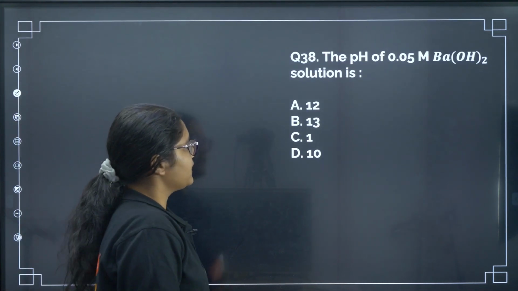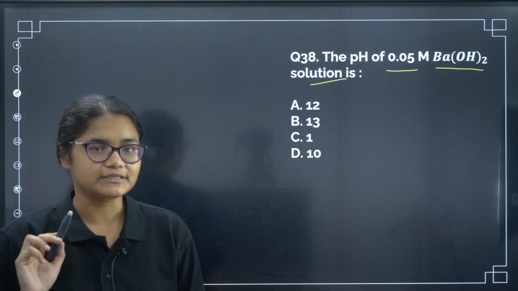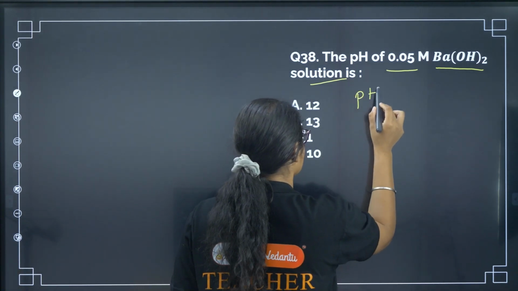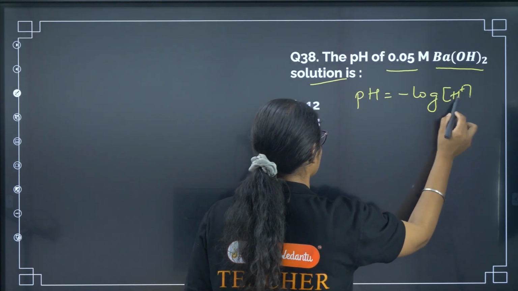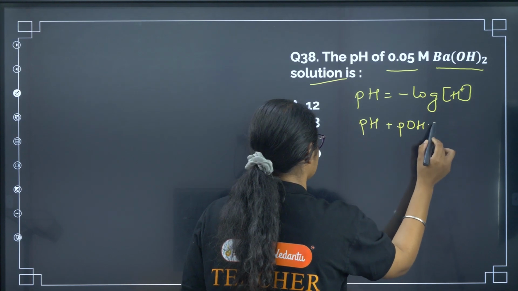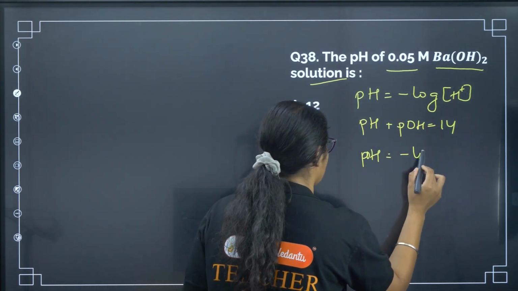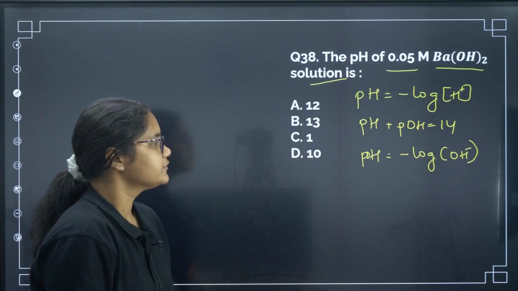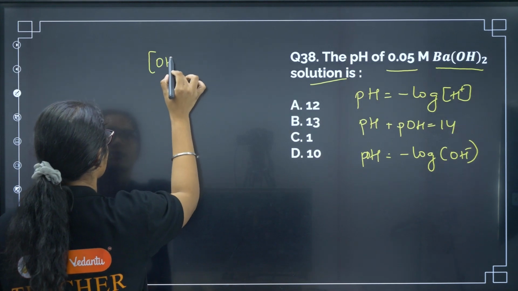Next. The pH of 0.05 molar barium hydroxide is. Okay, this is a very important question. First of all, the formula that we should know is pH is equal to minus log of H plus, and one more relation, pH plus pOH is equal to 14, and one more relation, pOH is equal to minus log of OH minus, right? So now if you see here, what is the concentration of OH minus?